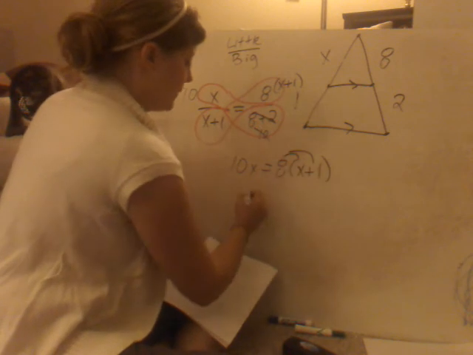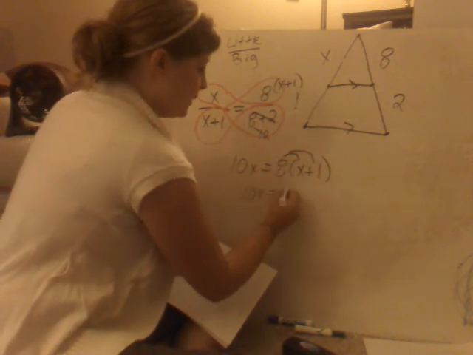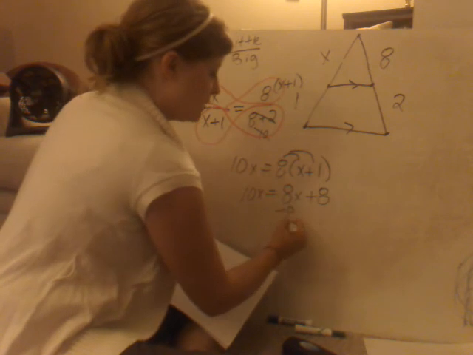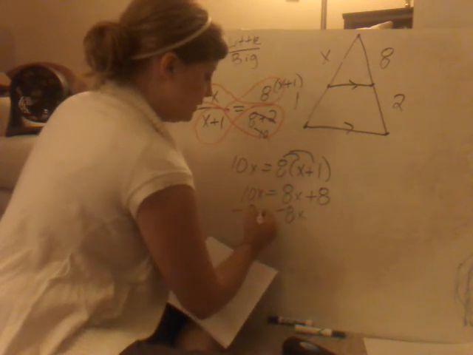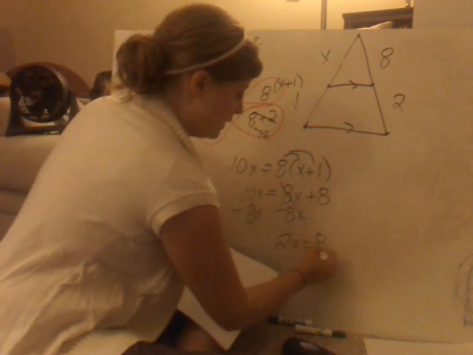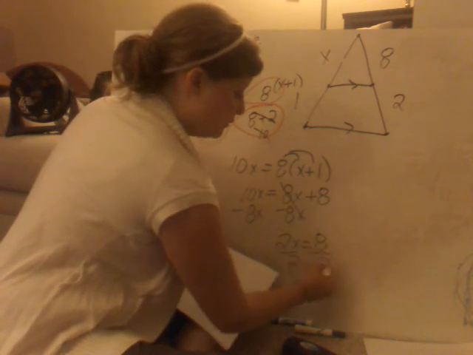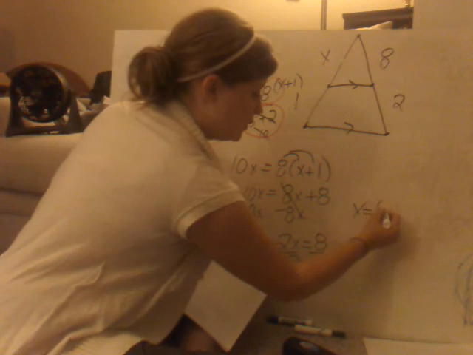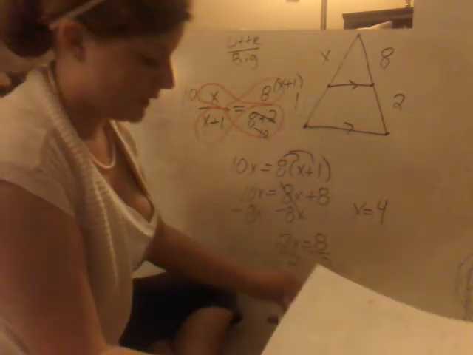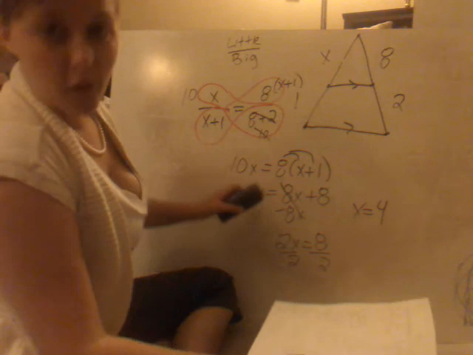Distribute. 10x is equal to 8x plus 8. Subtract my 8x from both sides. These cancel out. Now I have 2x is equal to 8. Divide by 2. X is equal to 4. Alright? We are moving right along.